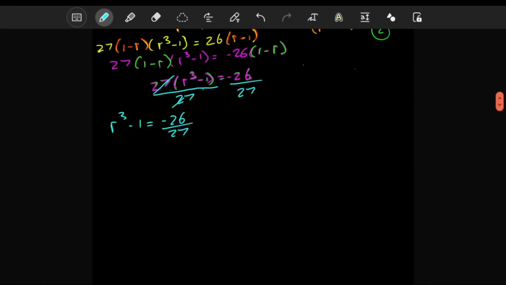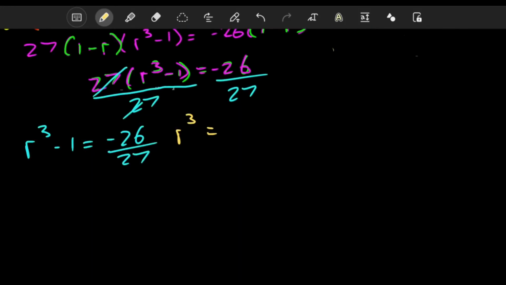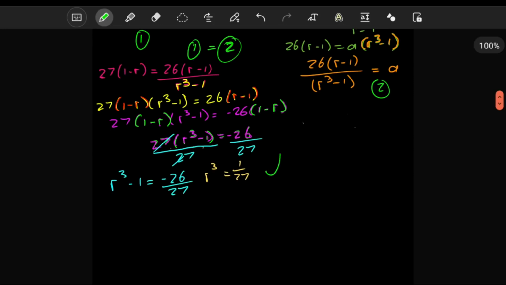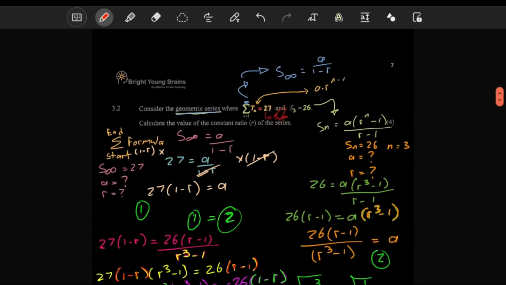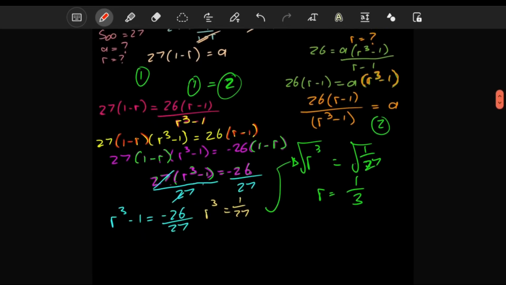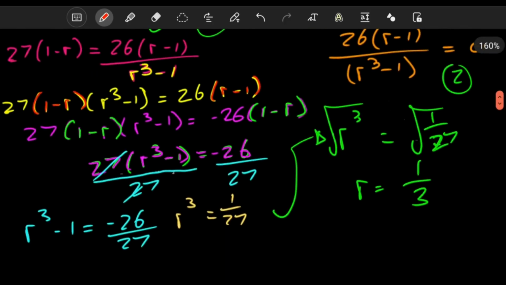And then you can take the 1 over, which is going to give you 1 over 27, of which luckily the cube root of that is just a third, and that is definitely believable because I mean, funny answers are not the best. So here you have just gotten your r value to be a third, which is what they wanted.